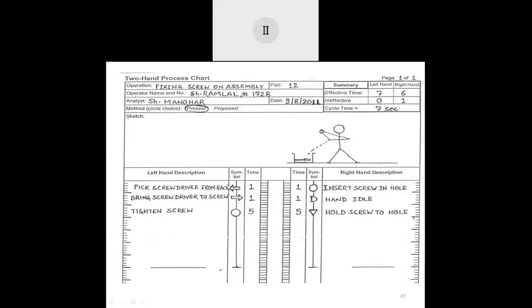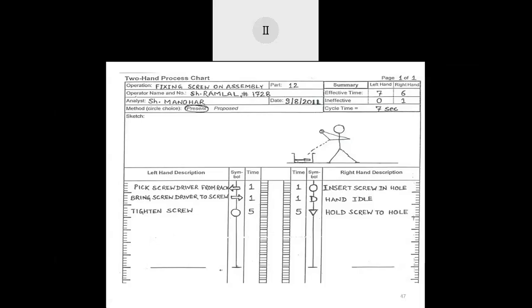At the same time period, the right hand is inserting the screw in the hole.